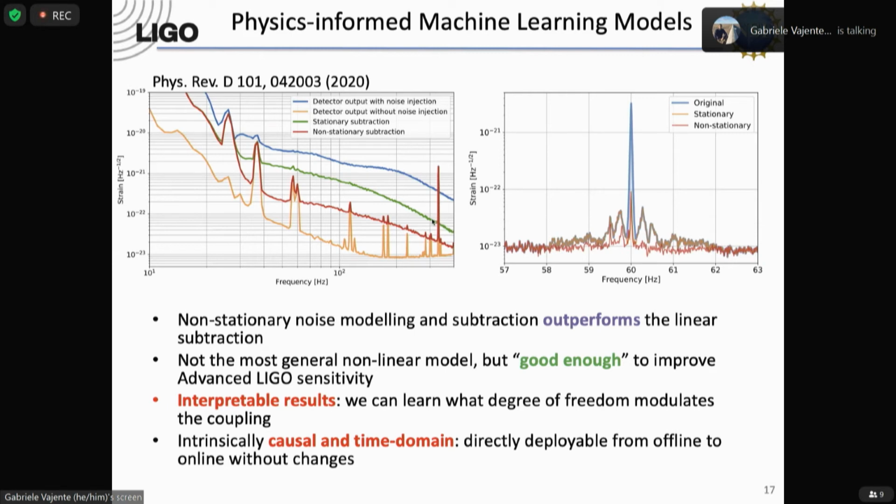If we allow for modulation with a series of signals that we think are useful for modulation, we can improve quite a lot on the stationary subtraction and get down to the red, which is not quite yet as good as the orange curve here, because we didn't capture all of the modulation. But it's just a proof of principle that going from a stationary subtraction to a non-stationary subtraction, you can improve by almost a factor of 10 in some places.